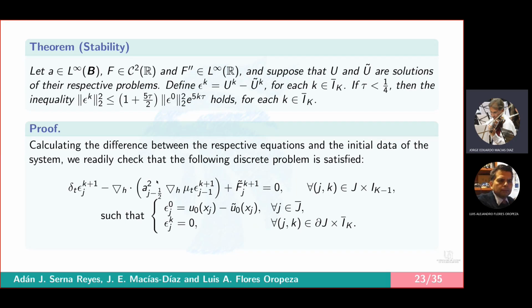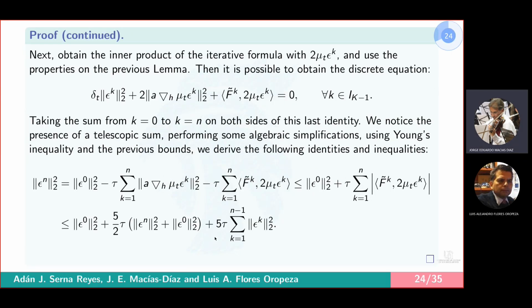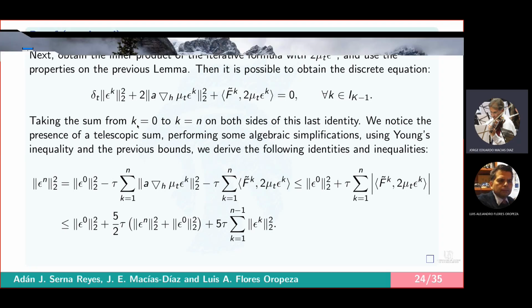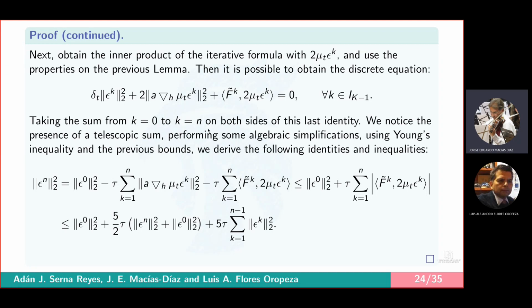The first thing you have to do is to find the governing equations for epsilon. So these are the governing equations. They must satisfy these initial conditions. You take the inner product of this expression for epsilon with respect to this term. That's going to give you this result. Then you take the sum for k equal to 0 to n on both sides.